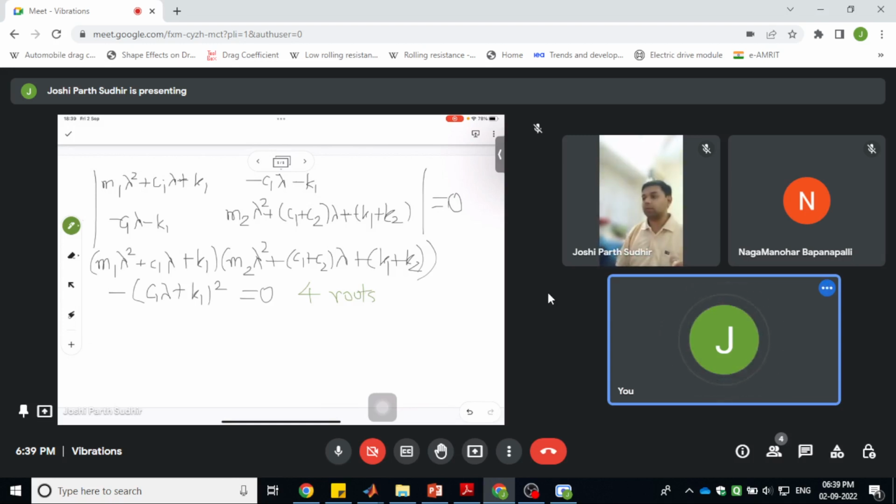So this will have 4 roots, and the roots will occur either as 4 real values or in complex conjugate pairs.